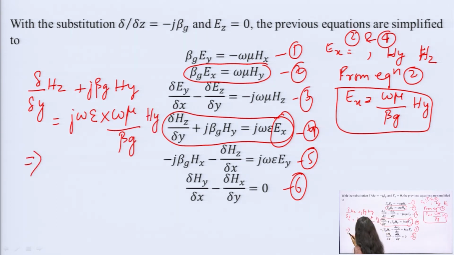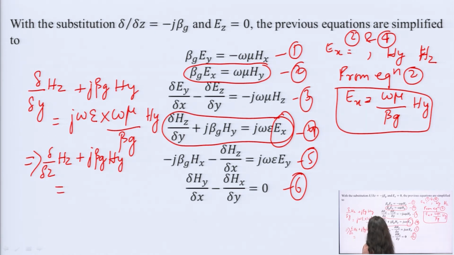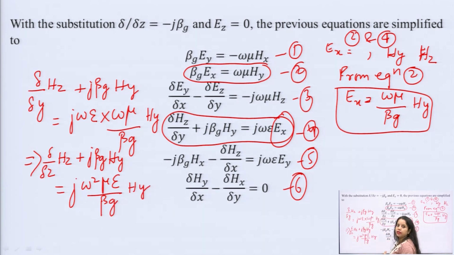So we have del upon del z Hz plus j beta g Hy is equal to j omega square mu epsilon upon beta g Hy. This is the expression available with us.